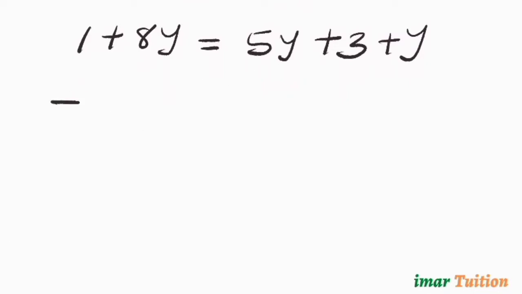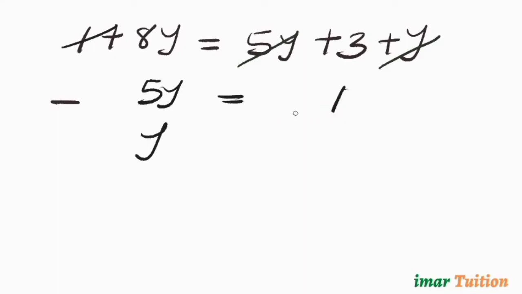We're going to bring 5y and y to this side, the left hand side, to come under 8y. Then we'll eliminate 1 from here to come under 3.